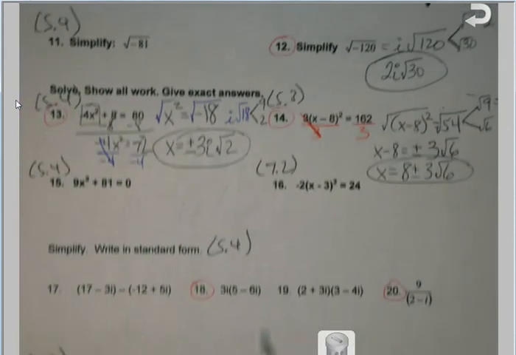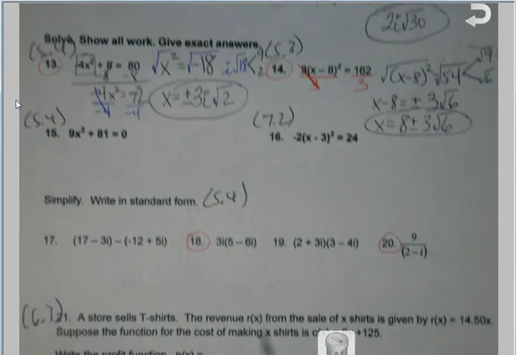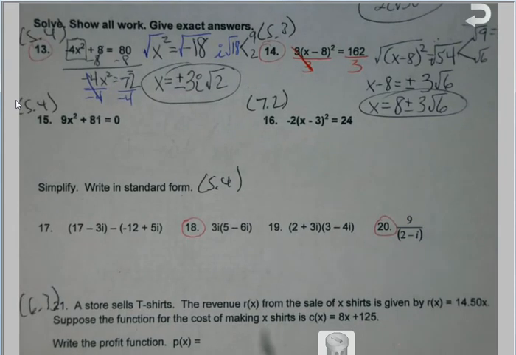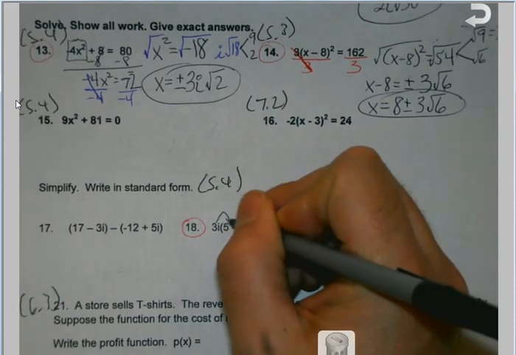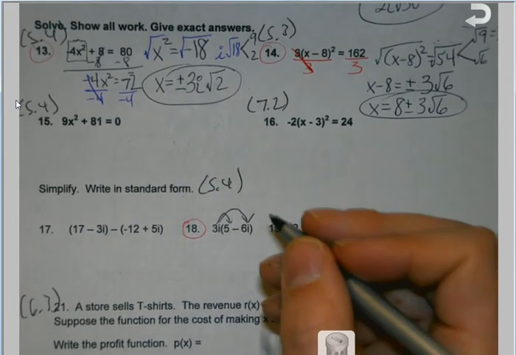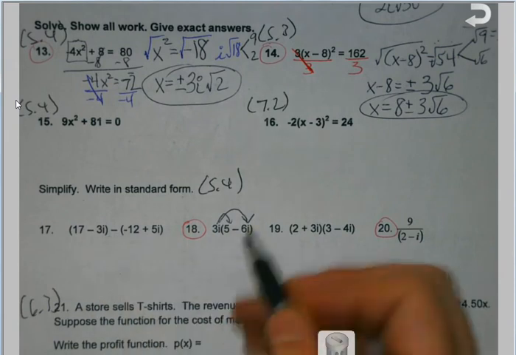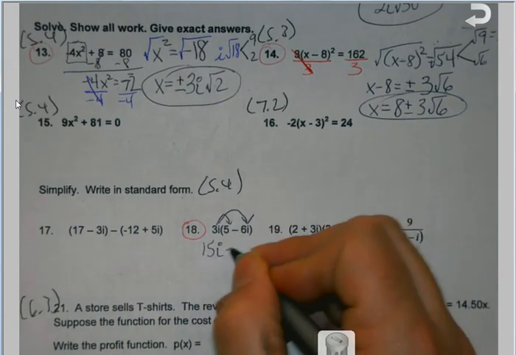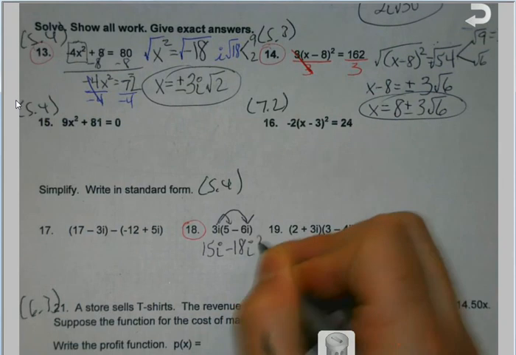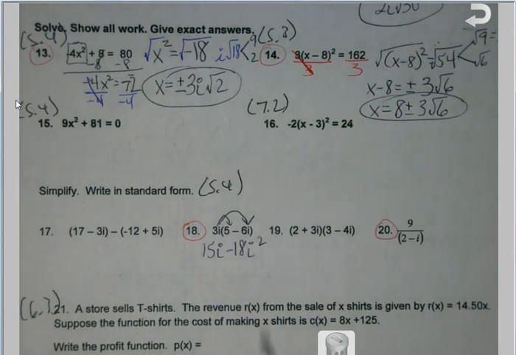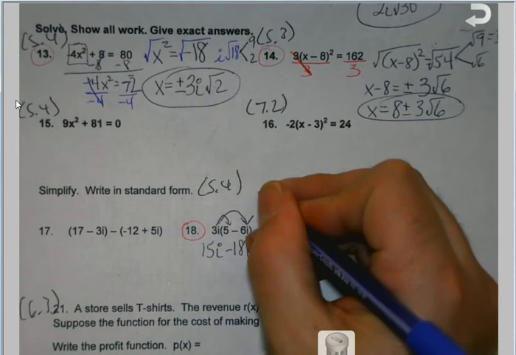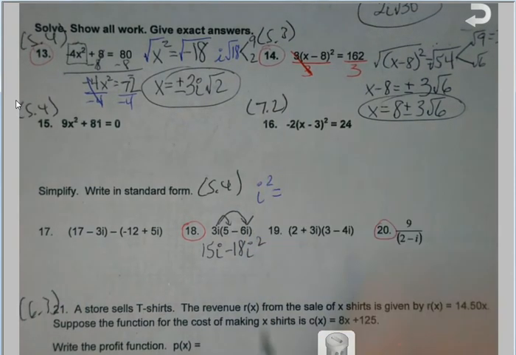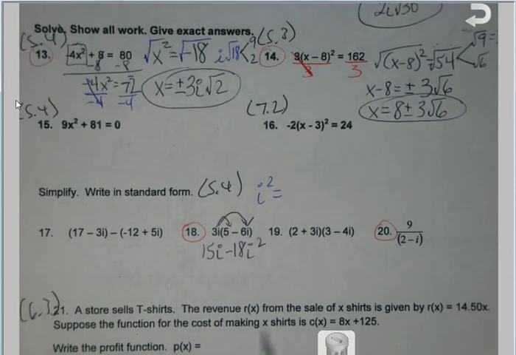Let's see what else we got here. Simplify, right, in standard form. All right. i stuff. Multiply it through. Here I'm just subtracting, but here I'm actually multiplying. Let's see. 3 times negative 6, negative 18i squared. Now that's striking a bell for some reason. Let's see. What does i squared equal?